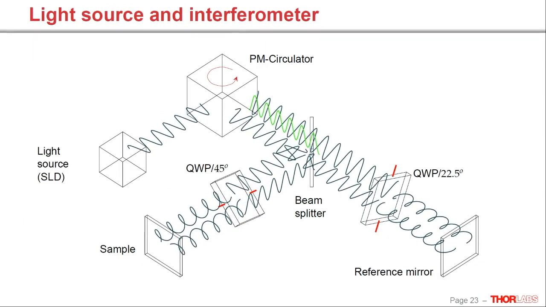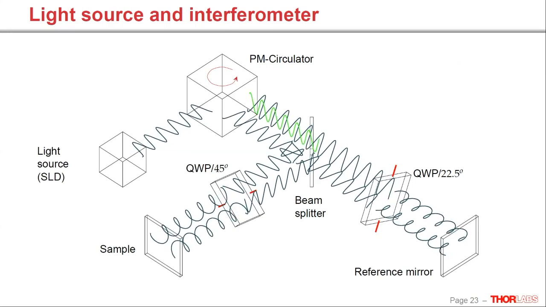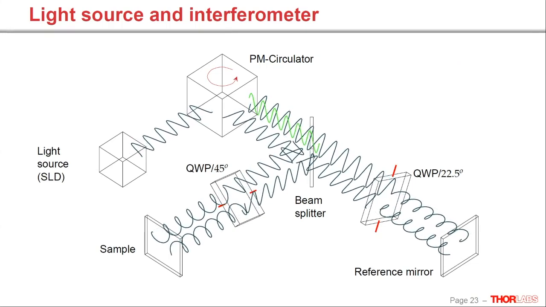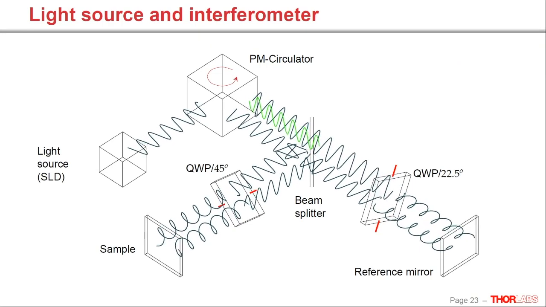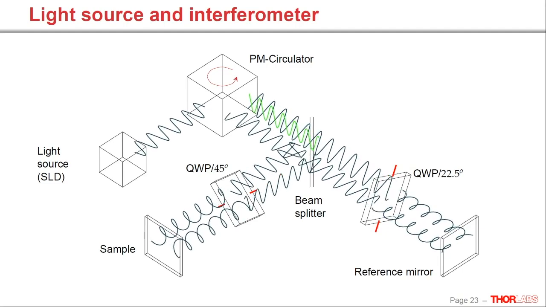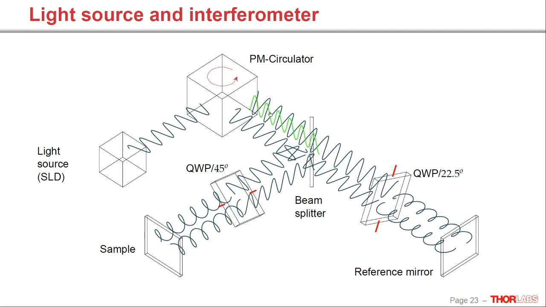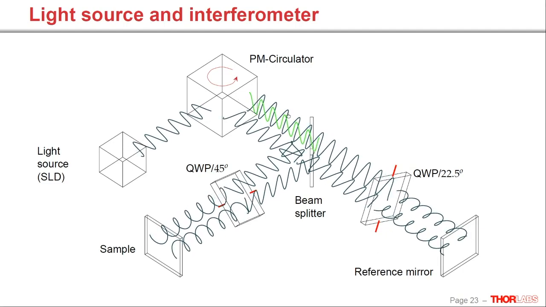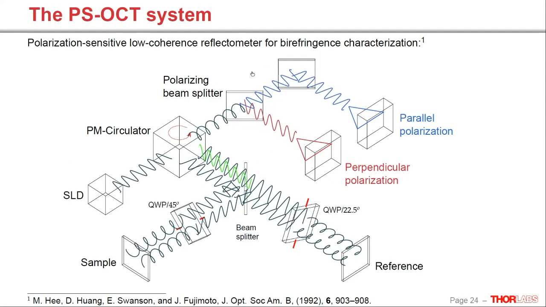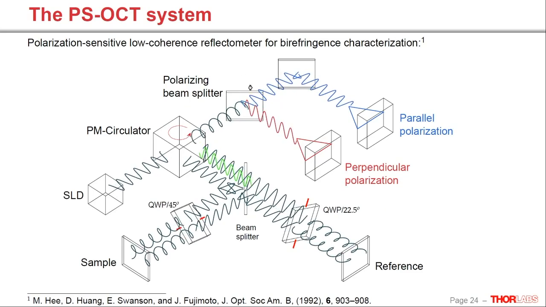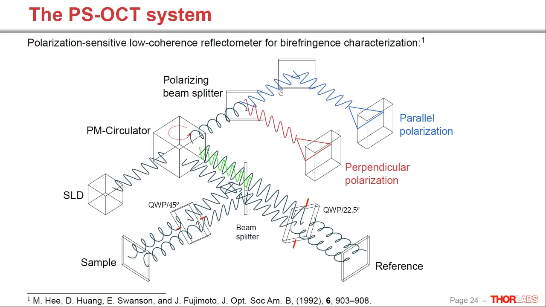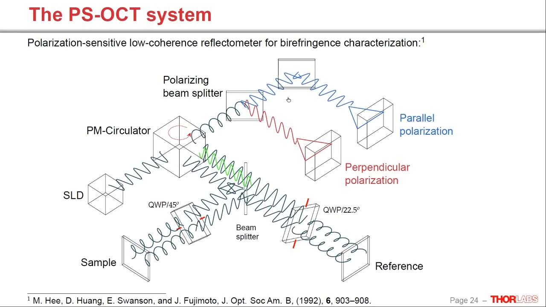So we build the rest of the equipment. We need a light source, of course, and we need also a polarization maintenance circulator. This one is a device that takes light in one port and takes it out in the next port. And the light that comes with the interference at this port will get directed to a polarizing beam splitter that allows us to divide the signal in parallel polarization and perpendicular polarization.